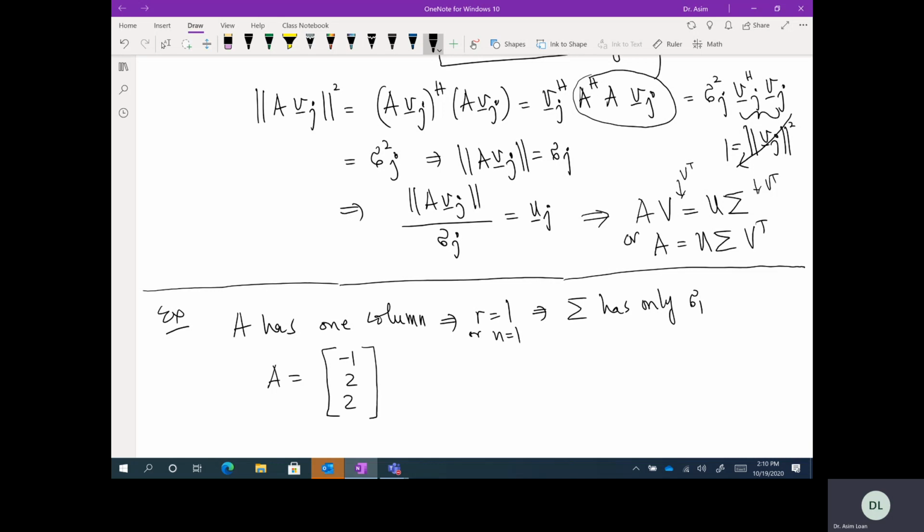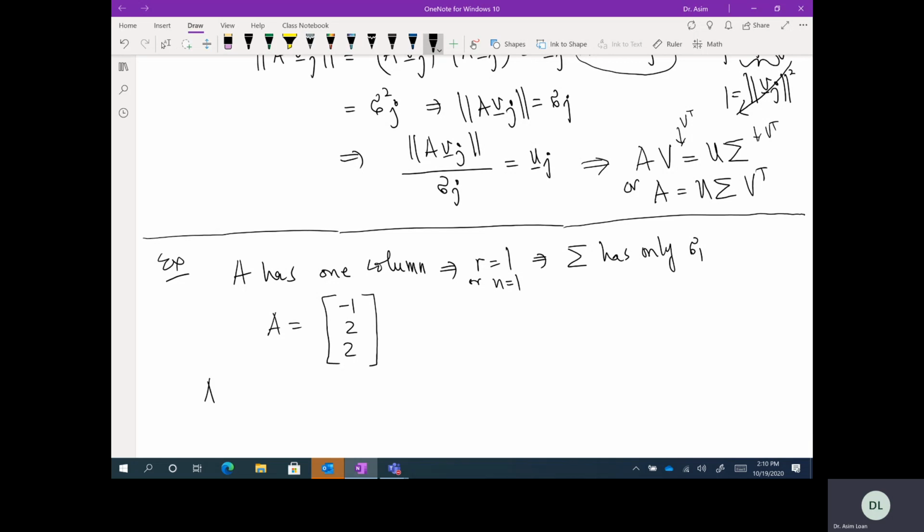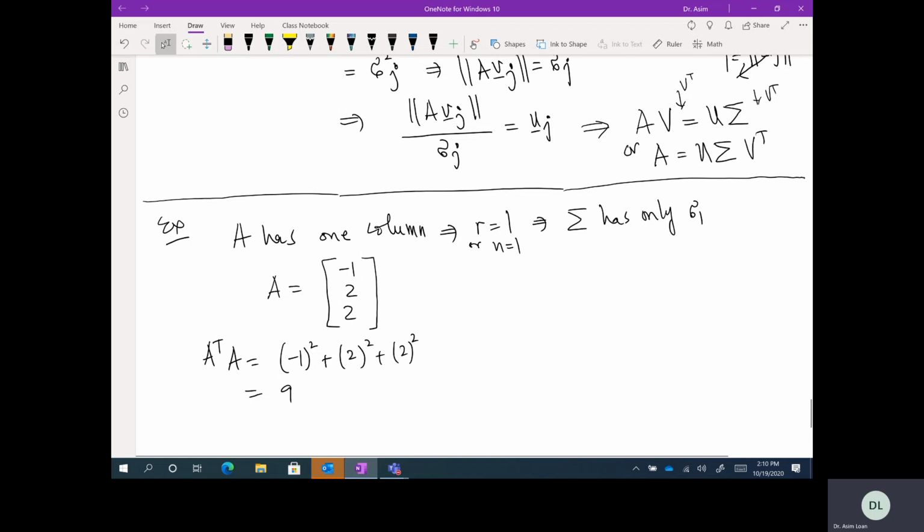So if A is minus 1, 2, 2, what is A transpose A? A transpose A is minus 1 squared plus 2 squared plus 2 squared, which is 1 plus 4 plus 4, so this is 9. This is the length squared, and this is equal to some U, which is 3 by 3, times a sigma, which is 3 by 1, and then a V transpose, which is 1 by 1, so that I get a 3 by 1 matrix.